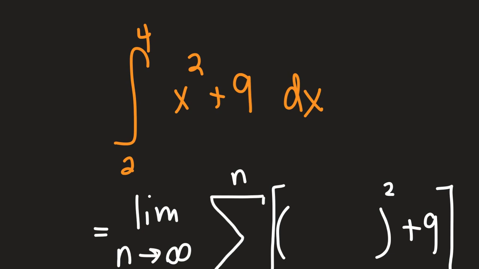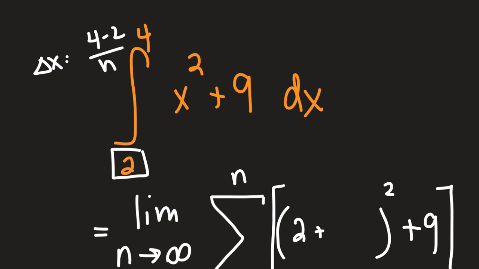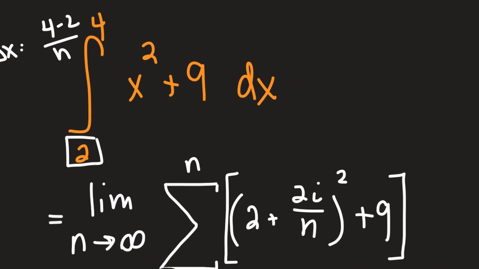Okay, so we have to include your a value. So we have an a value of 2 plus the distance from 4 to 2. So delta x is 4 minus 2 over n, which is just 2i over n. Okay, so the i goes inside with your x stuff, and we're going to square that.